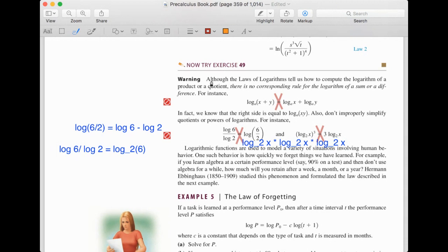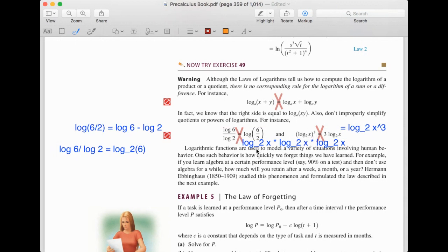That's different from this one, which means log base 2 of x raised to 3, only x raised to 3.